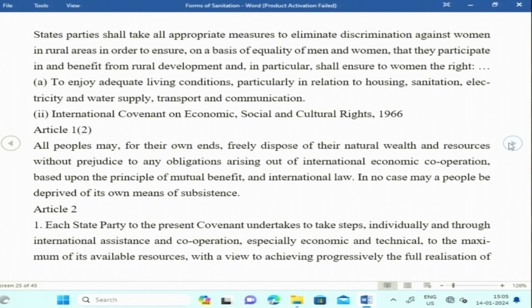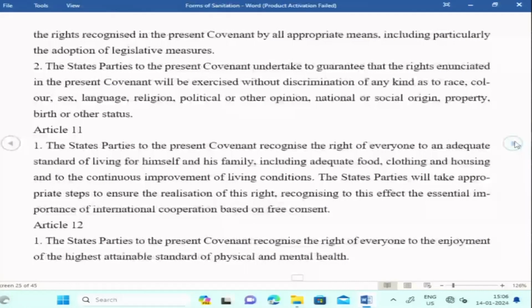So, it basically tries to give certain opportunities in terms of the social, economic and cultural, which are to be given to the individual. Then Article 2 tries to speak about the fact that each state party, which of course is to be seen as an individual in that sense, has to have certain arrangements with regard to international assistance and cooperation, and the whole idea is how the legislative measures are to safeguard the issues related to that.